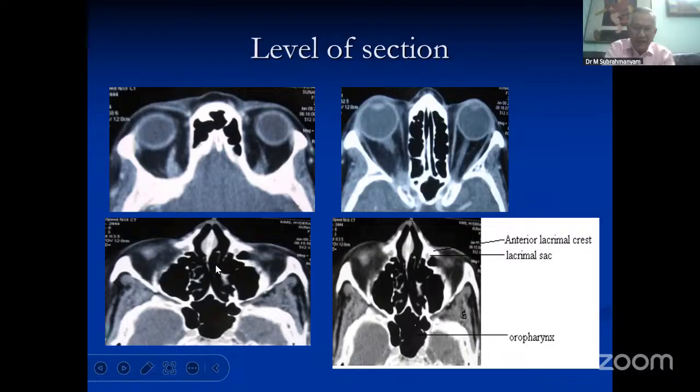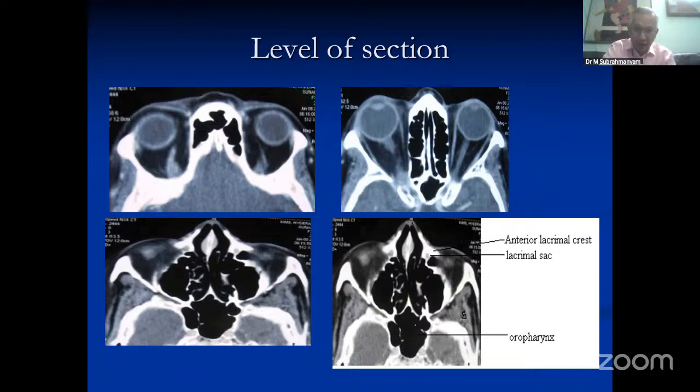Whereas in inferior sections, you will be seeing a very prominent nose in the front, and behind it is the oropharynx, which is very dark black because it contains air in the sinuses.